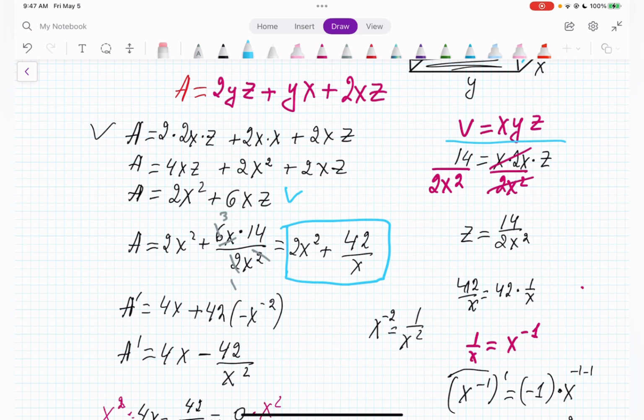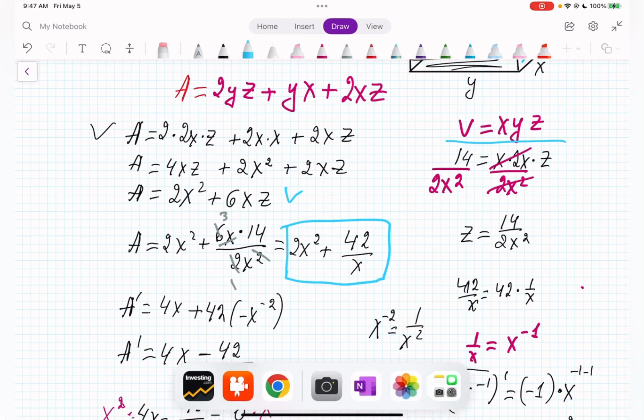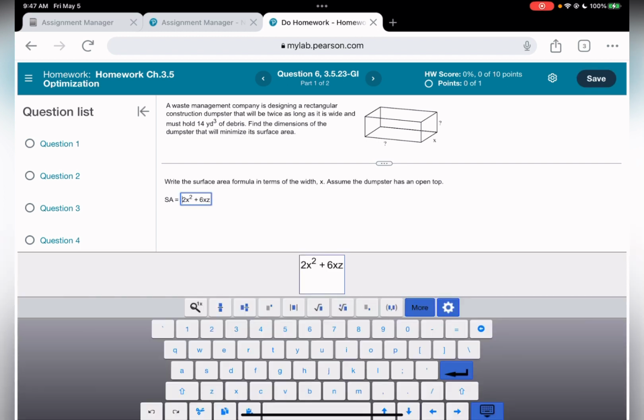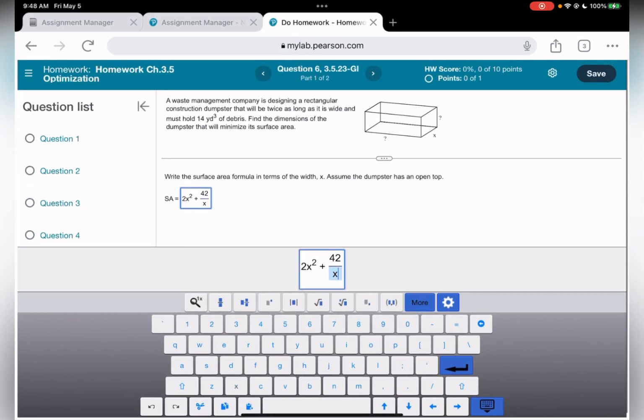So we have to put 2x squared plus 42 over x. Okay? So 2x squared plus 42 over... where is x here?